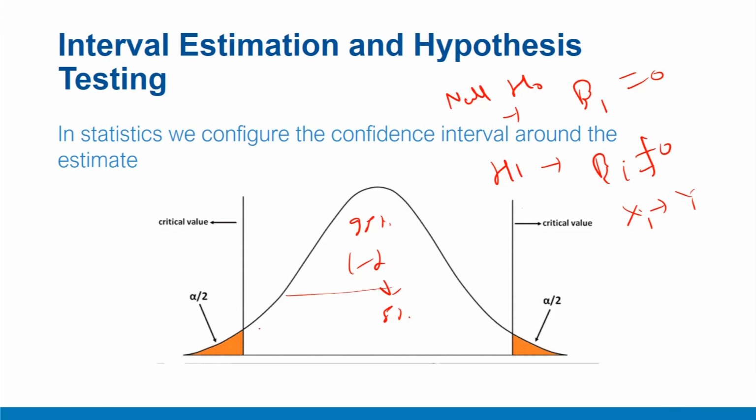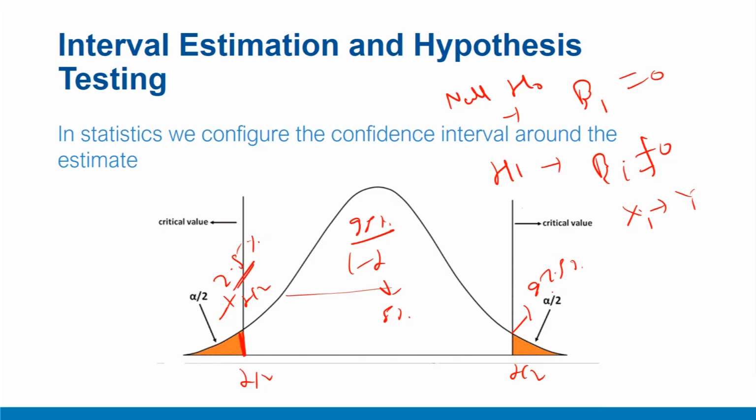Then you compute the relevant t statistic corresponding to this critical value of alpha by 2 on this side, and alpha by 2 on this side. So you compute the critical t value. On this side it is minus t alpha by 2, which will be negative. So for example, for 95%, the relevant t statistic will correspond to a 2.5% value, and on the right side to a 97.5% value.